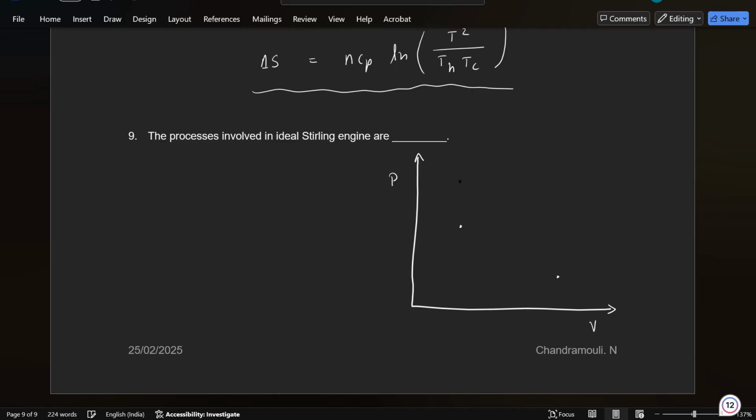Jaideep? Yes, sir. Okay. Can you tell me what are the processes in a Stirling engine? What is the first process, 1 to 2? Just tell me whether it is isothermal, adiabatic, isobaric, or isochoric.